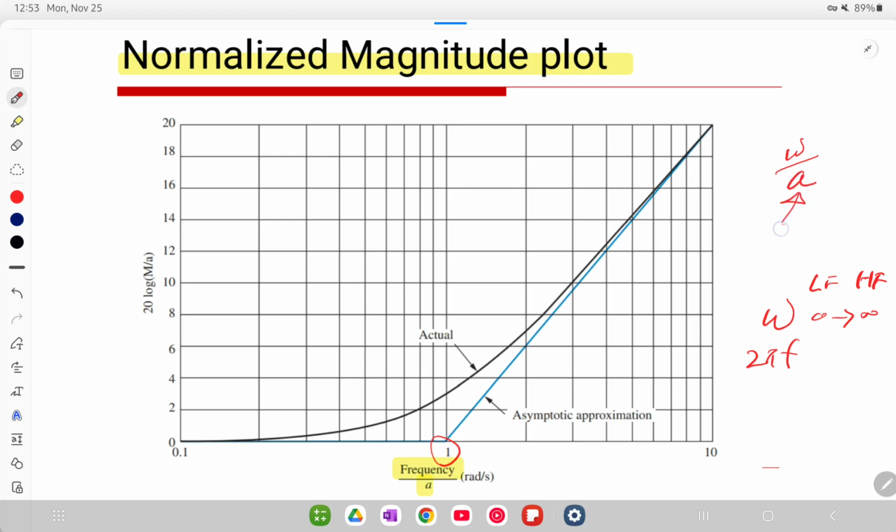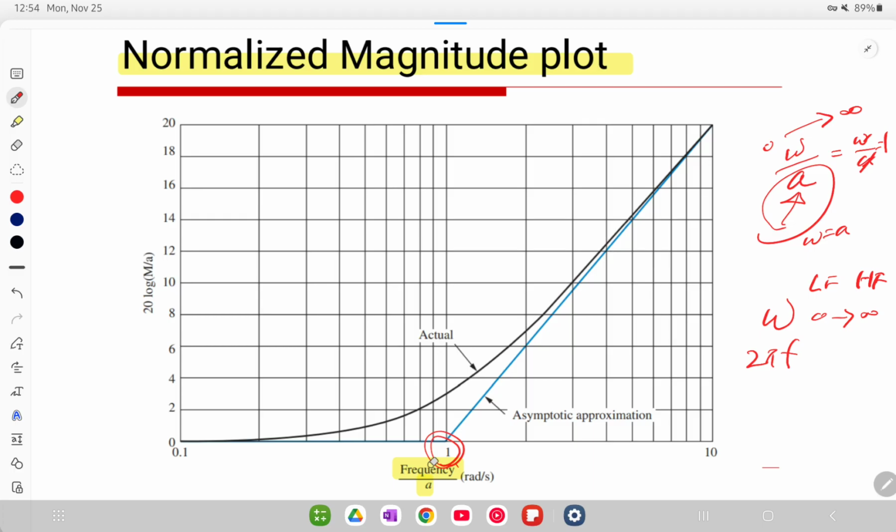A is fixed, part of your system, and ω is what you sweep to see what happens to the system output, from 0 to infinity. So something interesting happens when that exact frequency in radians per second, 2πf, and a are the same, ω equals a. That becomes 1, and that's what this is.